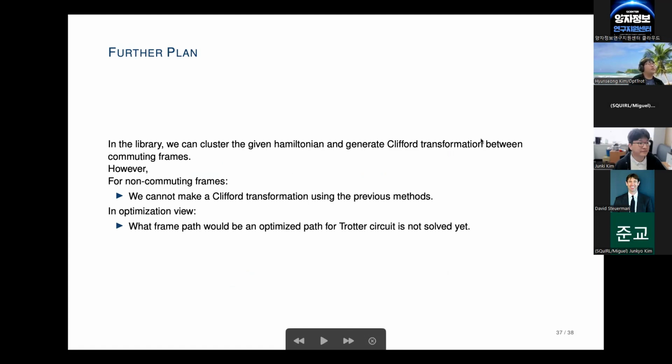But what exactly the optimal path is remains unsolved. More research and development will be required for better library development.